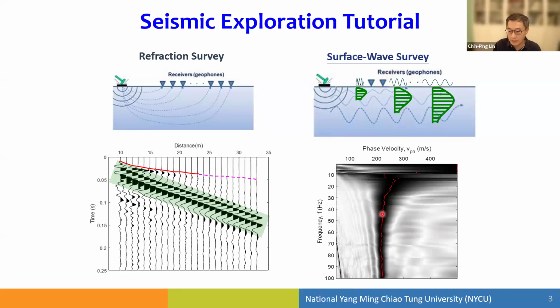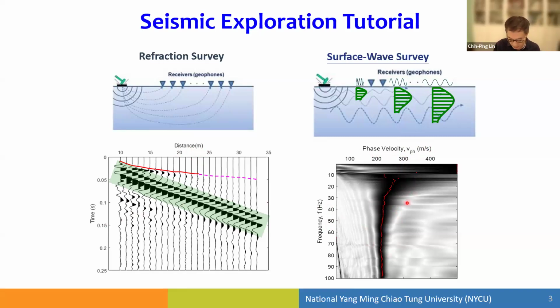The seismogram is originally in the time and space domain. If we transform time into frequency and distance into wavenumber, we can convert it into phase velocity. And this is what is called the dispersion spectrum.